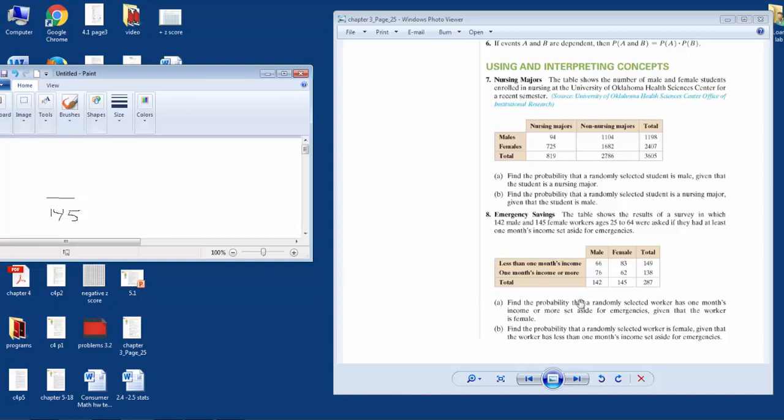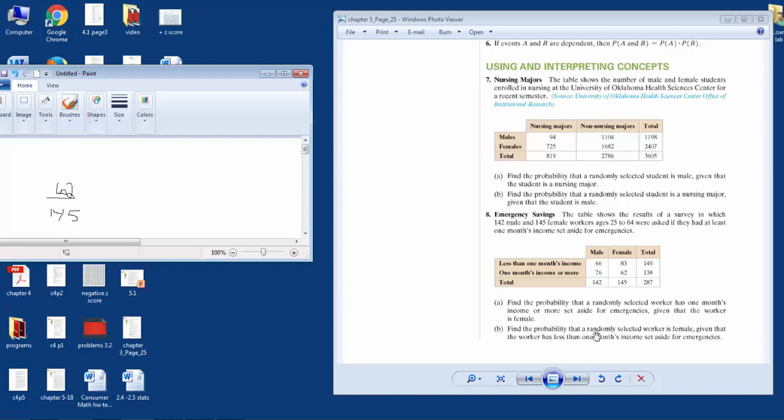Of the females, I have 83 and 62 being listed here. 1 month's income or more is the second line, which would be 62 out of 145.